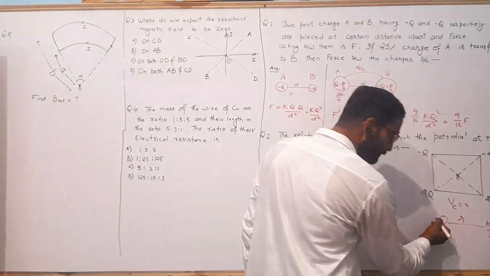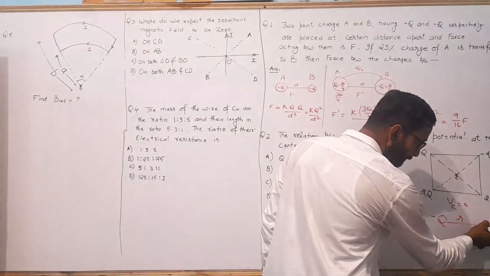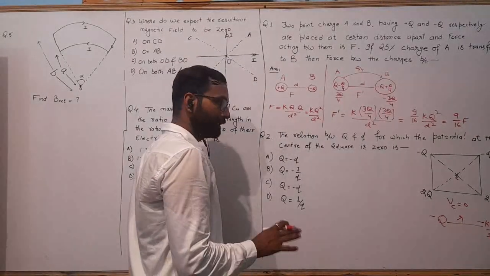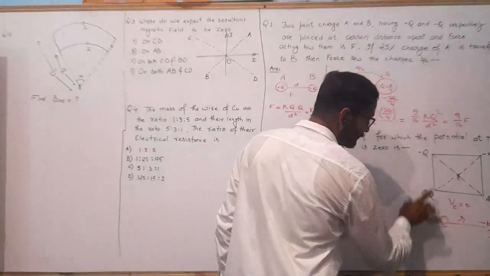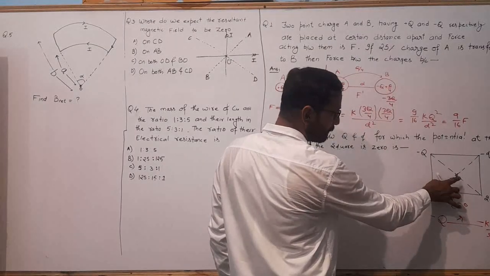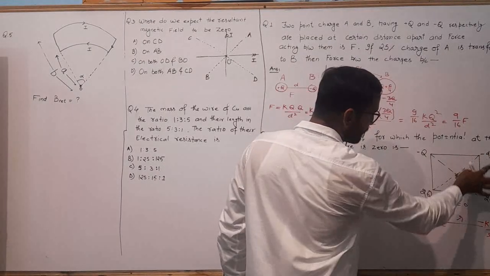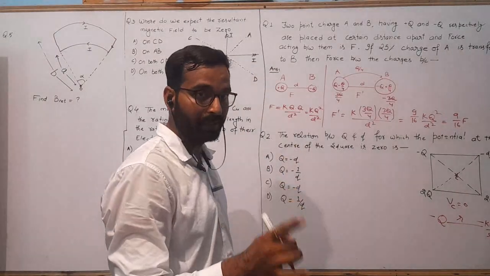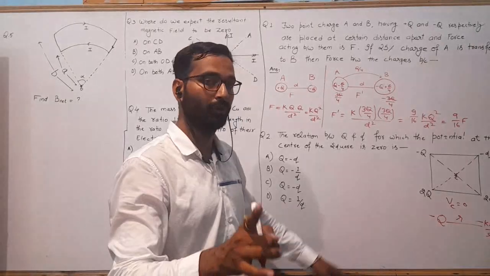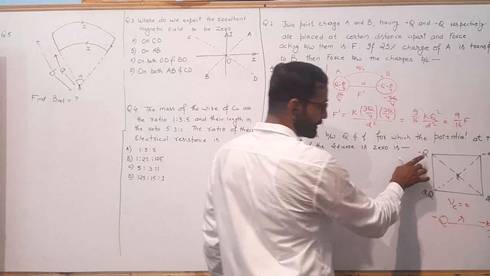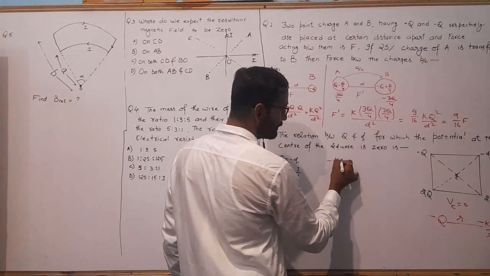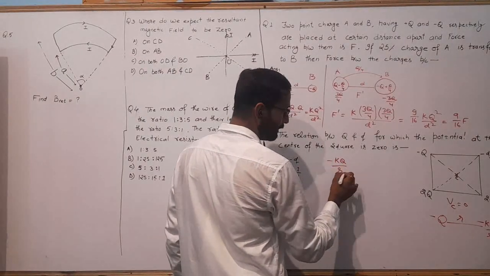If this charge becomes negative, then this value becomes minus KQ by R. If we know these things, then we find the potential due to each charge at the center. So we get V net, and V net given in the question is 0. First of all, find the potential. The potential of this charge at the center will be minus KQ by R.